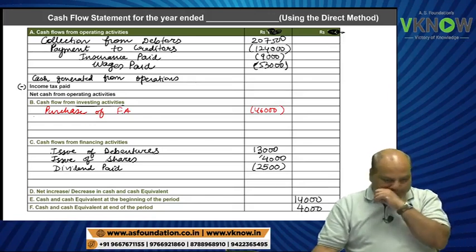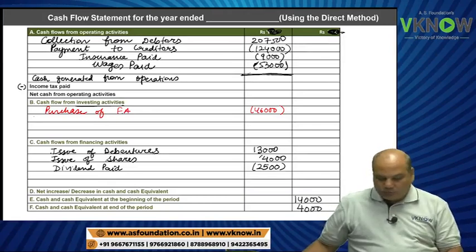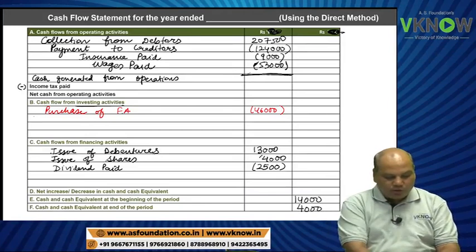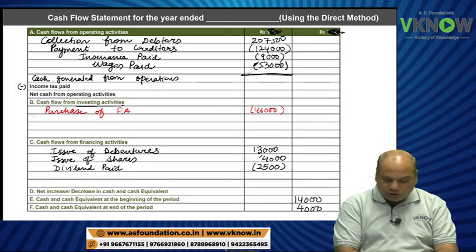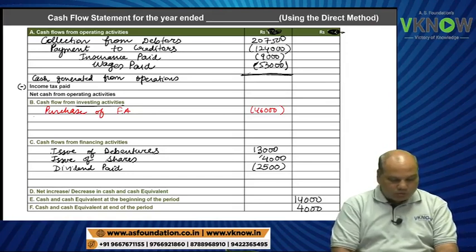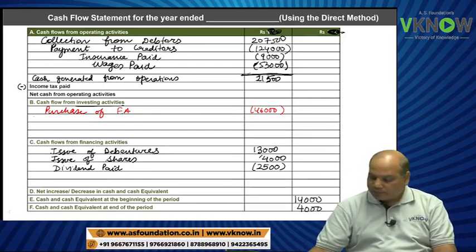This will give you cash generated from operations. So calculate cash generated from operations. I am getting 21,500. Check yourself.